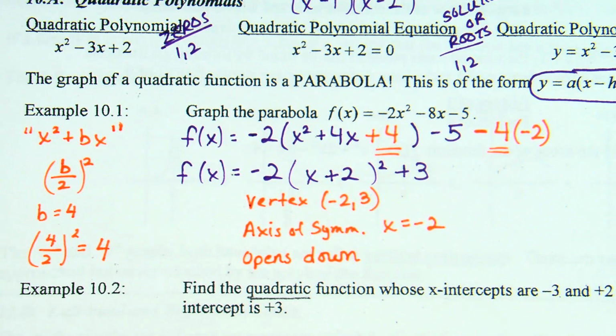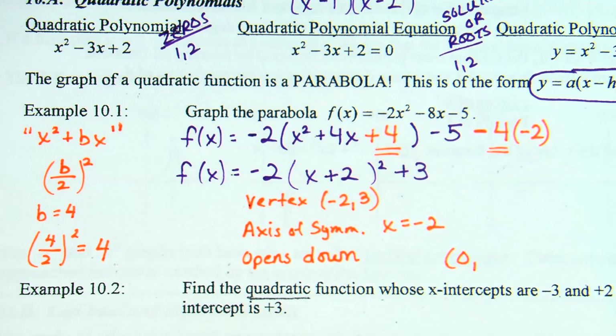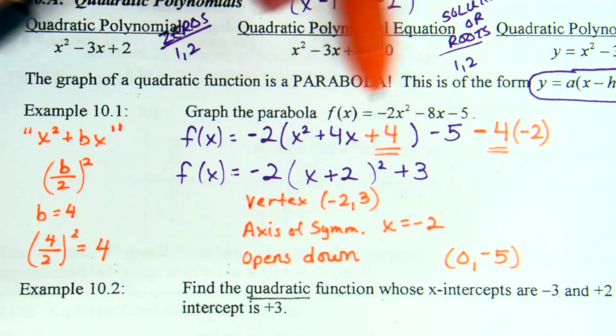By plugging in 0 for x, that's going to give me my y-intercept. So the y-intercept is always an easy point to get. You could plug in 0 to your vertex form, or you could plug in 0 to your original standard form. If I plug in 0, what am I going to get? Negative 5. It's obvious up here. And down here, 0 plus 2 is 2, squared is 4, negative 8 plus 3, negative 5.